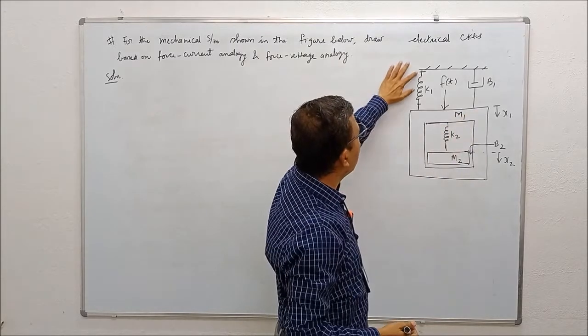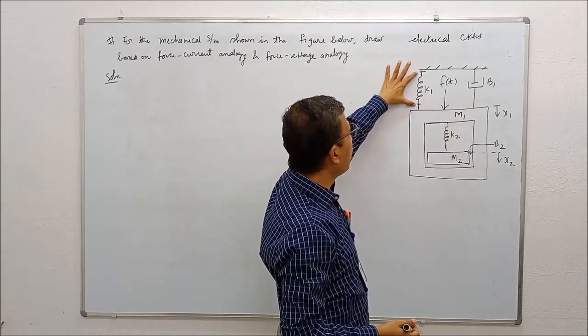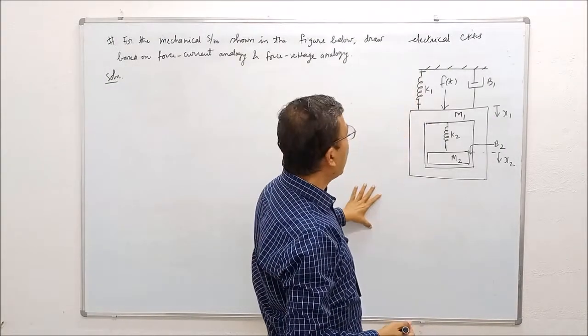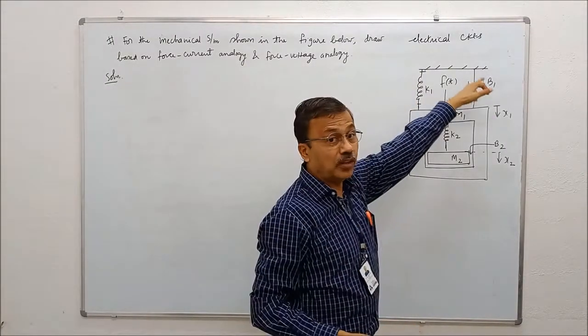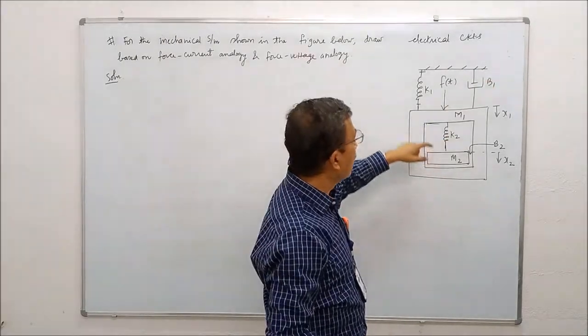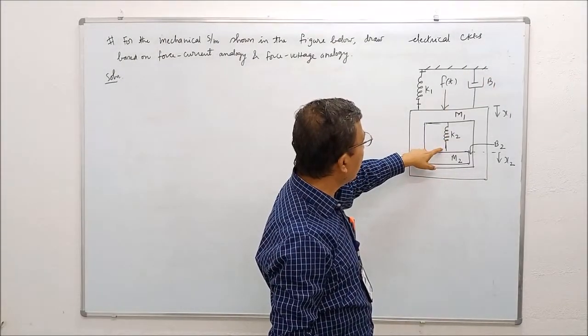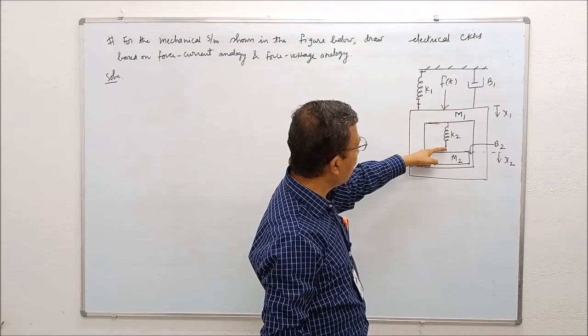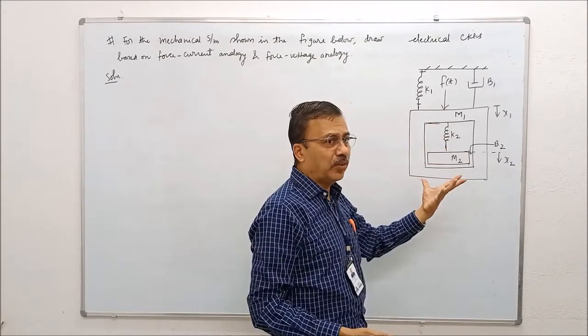On one side it is 0, on the other side it is x1. Therefore, we come to the independent node x1 and the reference node in the mechanical network. So is the case with damper B1. K2 will come between x1 and x2. What is the displacement here? x1. What is the displacement here? x2. So two displacements are good enough.